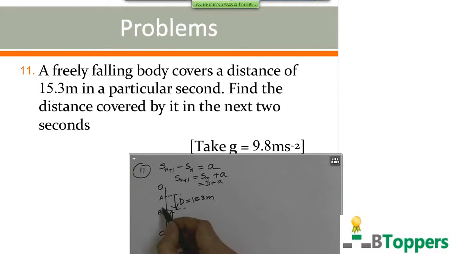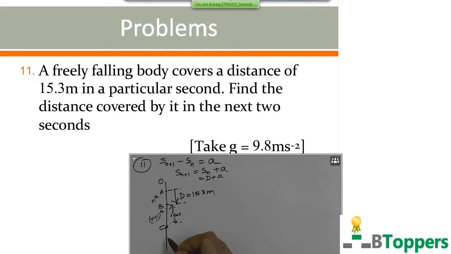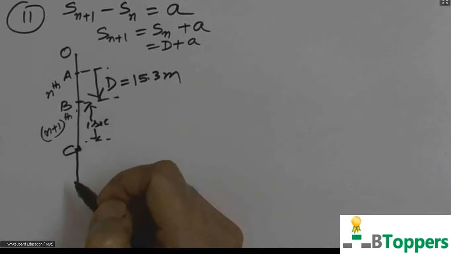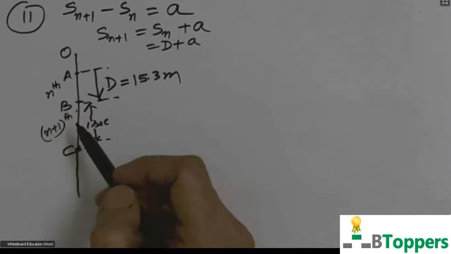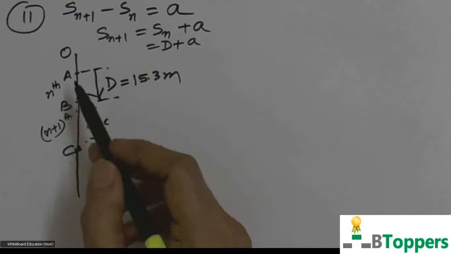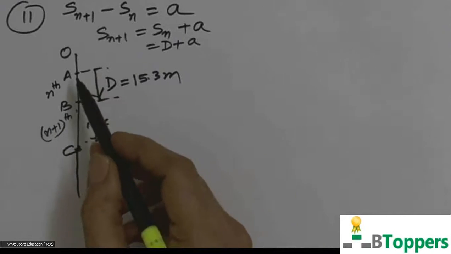For example, the body travels from A to B in the nth second, and from B to C in the n plus 1th second. I would like to show you on the screen the solution of the problem.